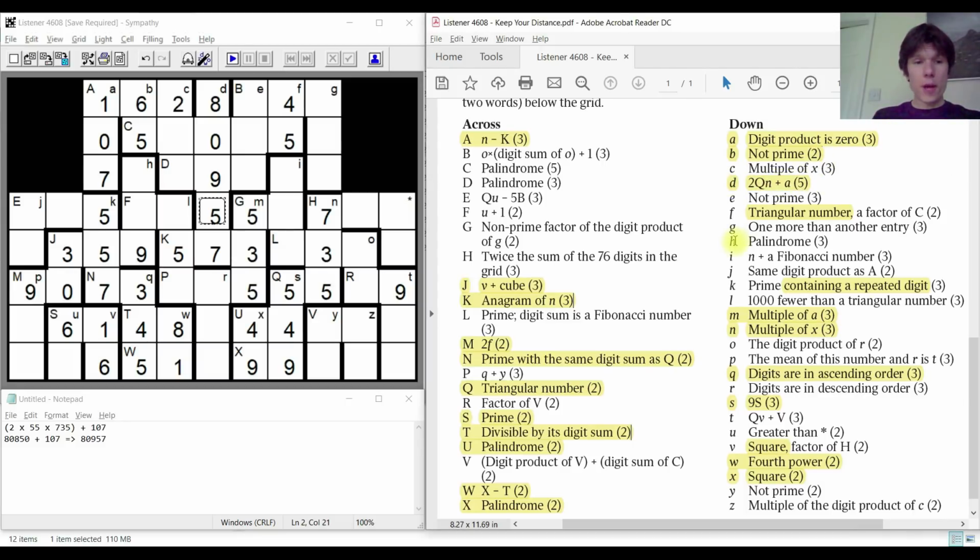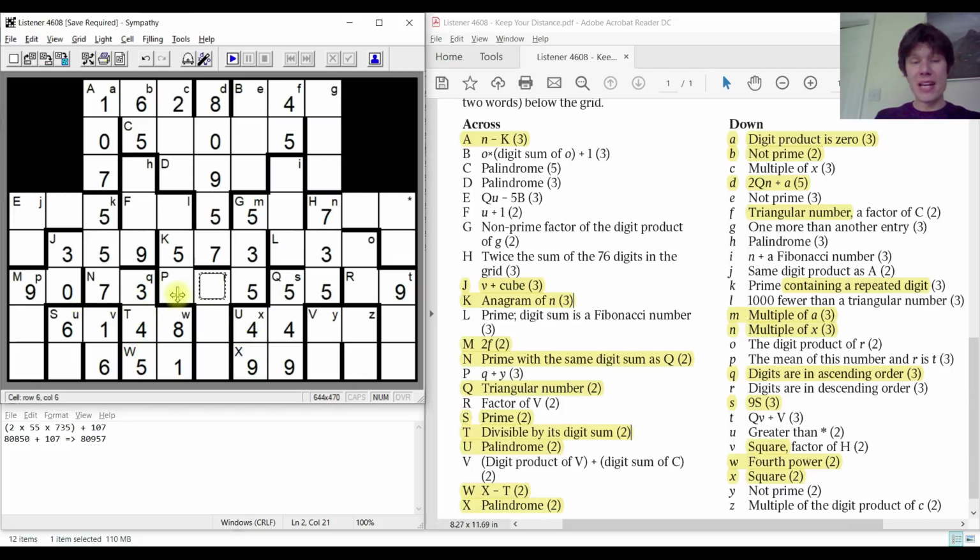And I'm going to look back now at something that we deduced earlier, which is that the entry for little r down must begin with an 8 or a 9. That's because of this clue here about the average of little p down and little r down being little t down. So if little r down begins with an 8 or a 9, that's interesting because of the clue for big P across, which is little q plus little y. Well, little q is 3, 4, 5.